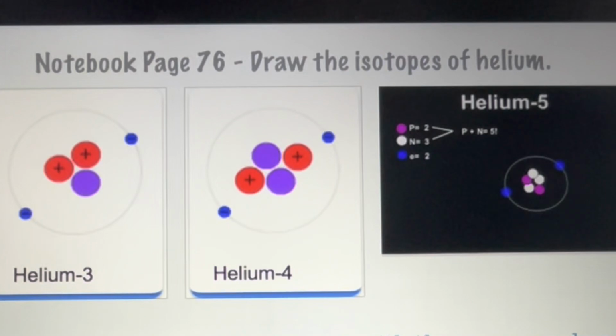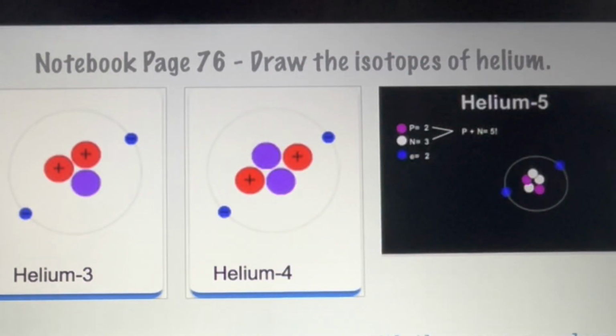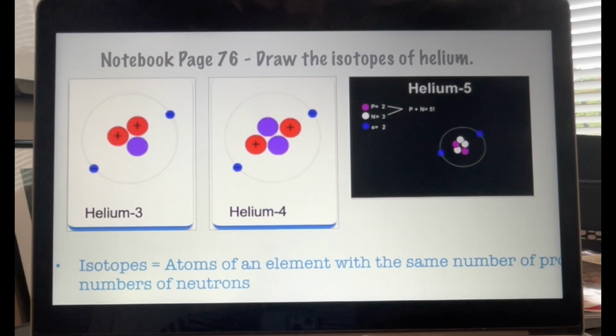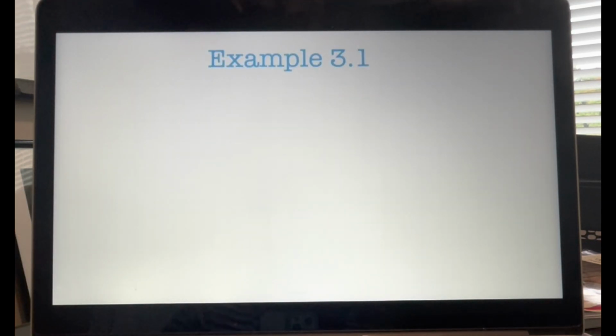So helium-4, 2 protons plus 2 neutrons equals 4. Helium-5, again, we have the 2 protons and the 3 neutrons in its nucleus. That makes it helium-5. Isotopes, atoms of an element with the same number of protons but different numbers of neutrons.